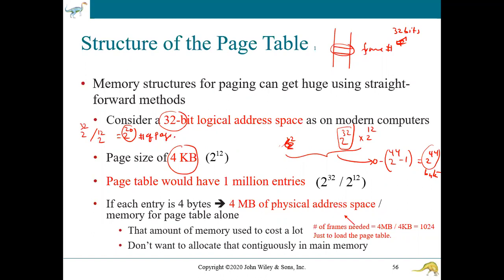Is it not 2 to the power of 20? The number of frames required is 2 to the power of 20, no? 2 to the power of 20 is not 1024, it should be 2048.